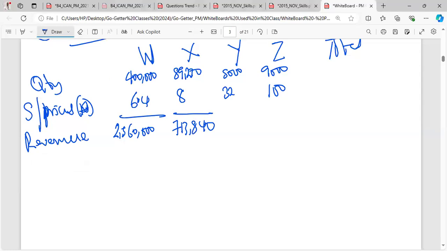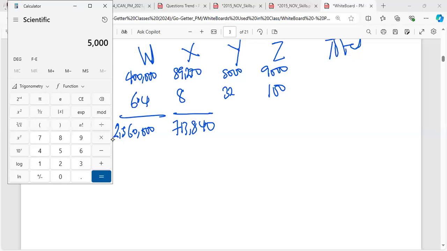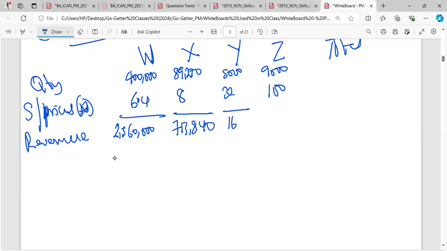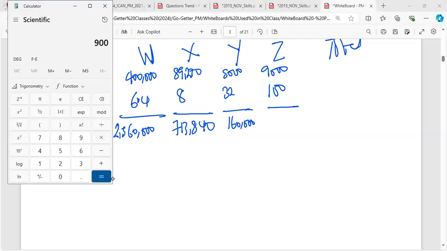Okay. The third one, 5,000 multiplied by 32, 160,000. The last one, 9,000 multiplied by 100, 900,000.